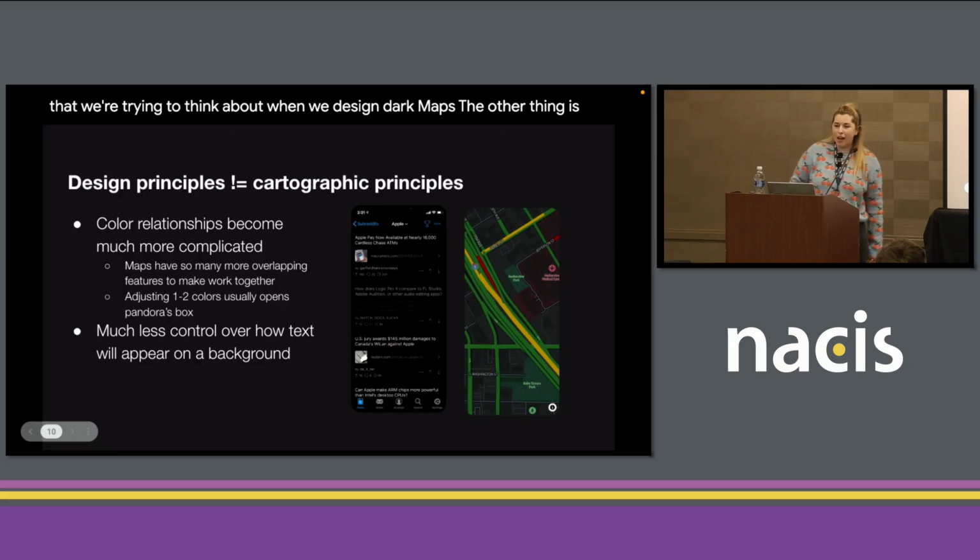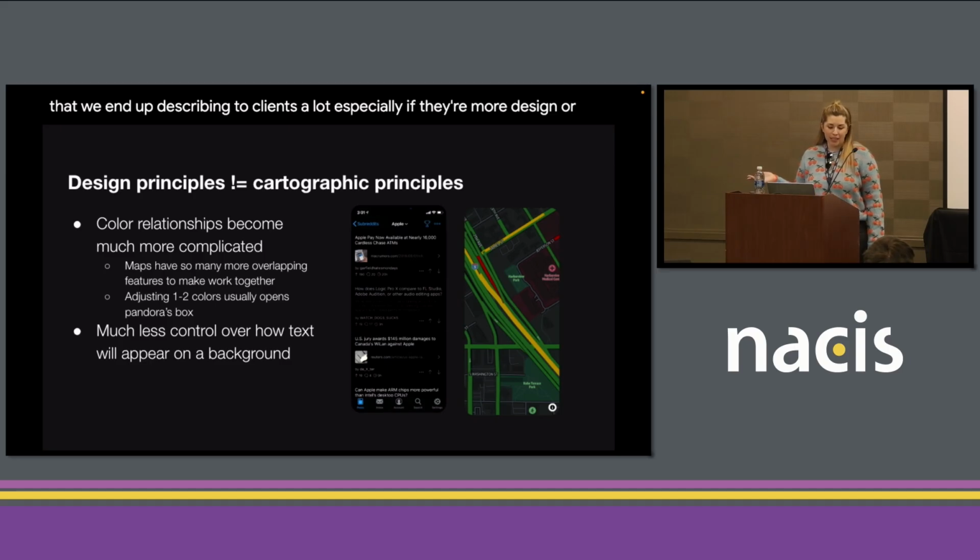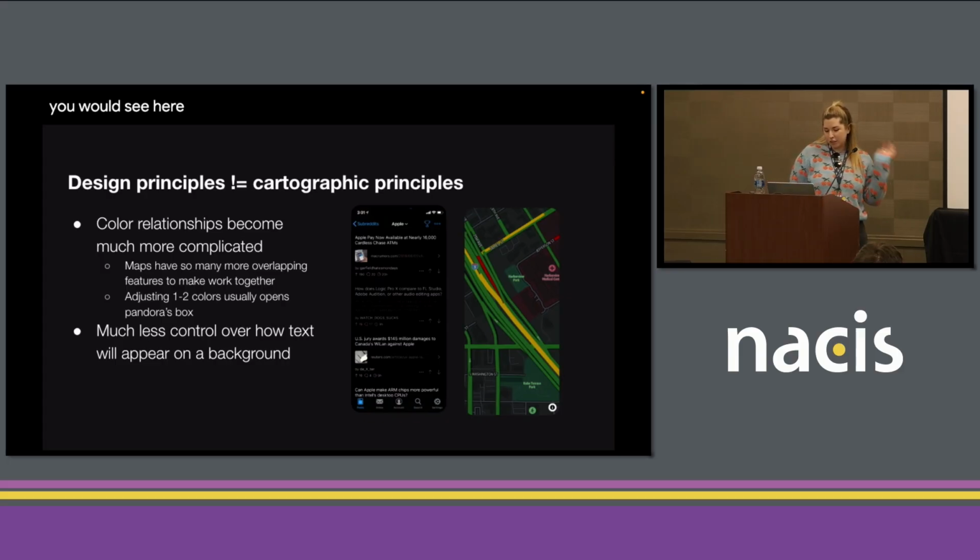The other thing is, I'm a cartographer and a designer, and I can tell you for sure that design principles and cartographic principles are not always the same. And this is a thing that we end up describing to clients a lot, especially if they're more design-oriented. But maps are so much more complicated than a typical UI. And you would see here, this dark UI, I think this is Reddit, is very simple.